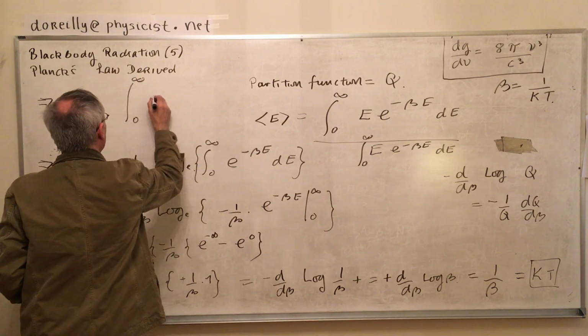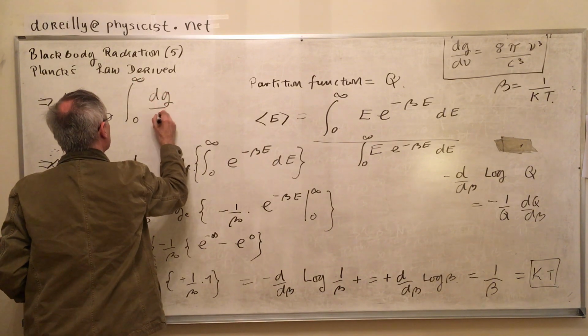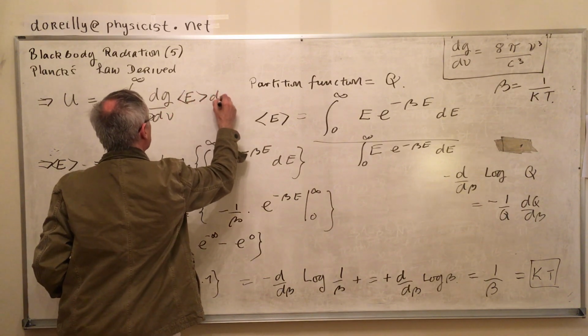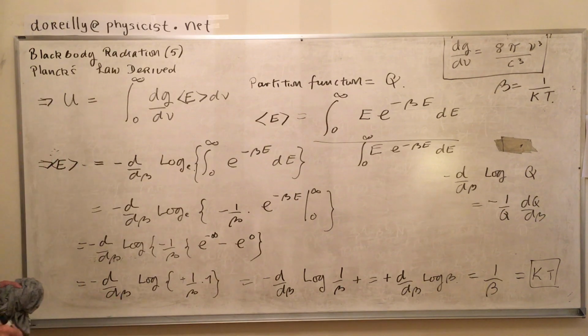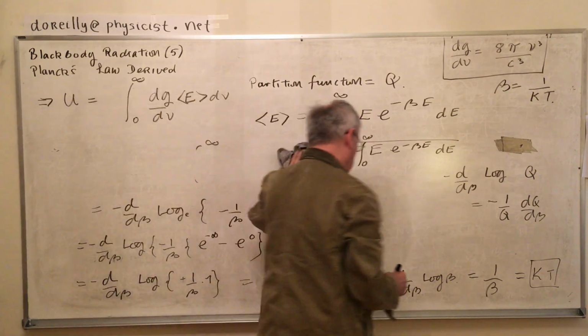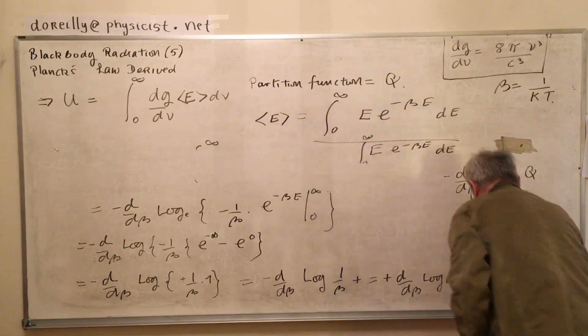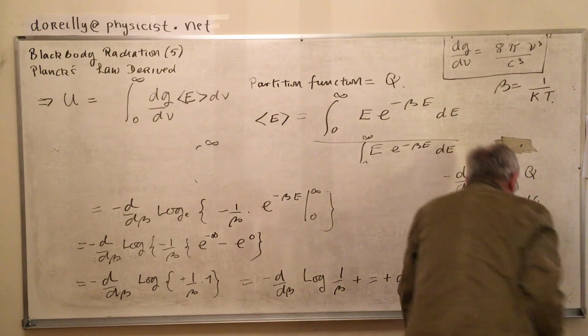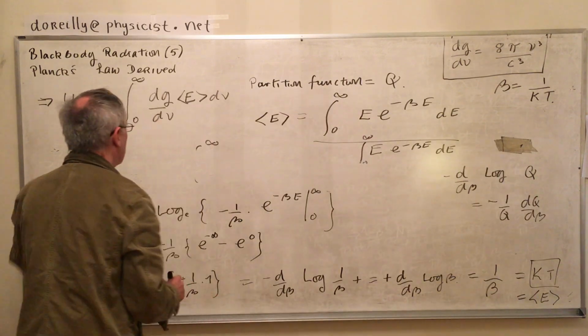The dg by d nu. Now this is the average energy classically.